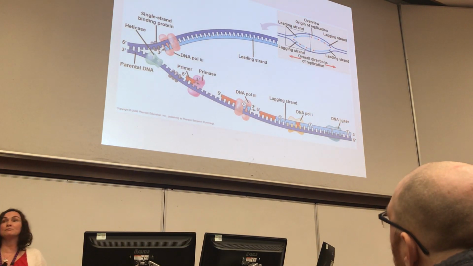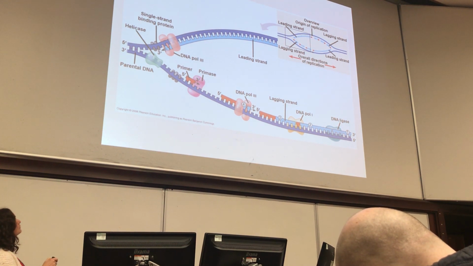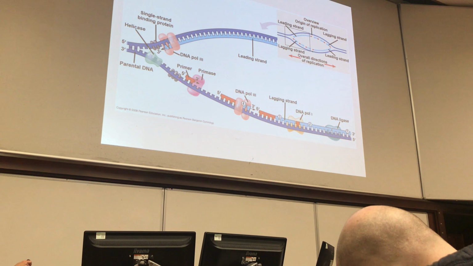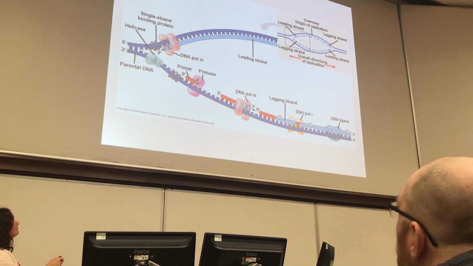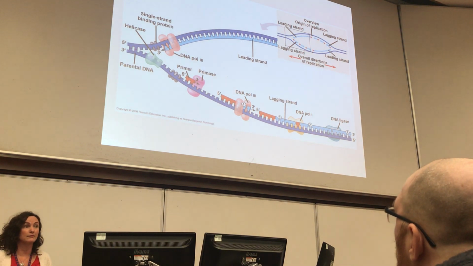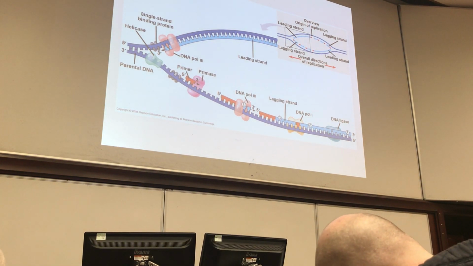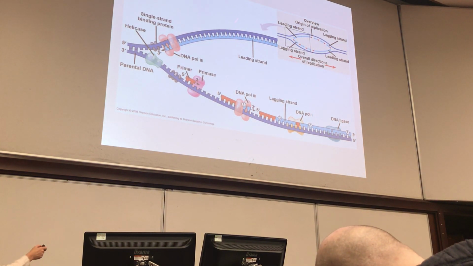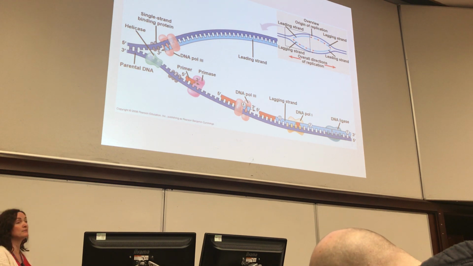However, on the bottom strand, that is not the case. On the bottom strand, you will see that the new strand has to be synthesized in fragments. And this is because it has to work away from the replication fork. So unlike the top strand, where it's working towards the replication fork in a 5' to 3' direction, the bottom strand cannot.